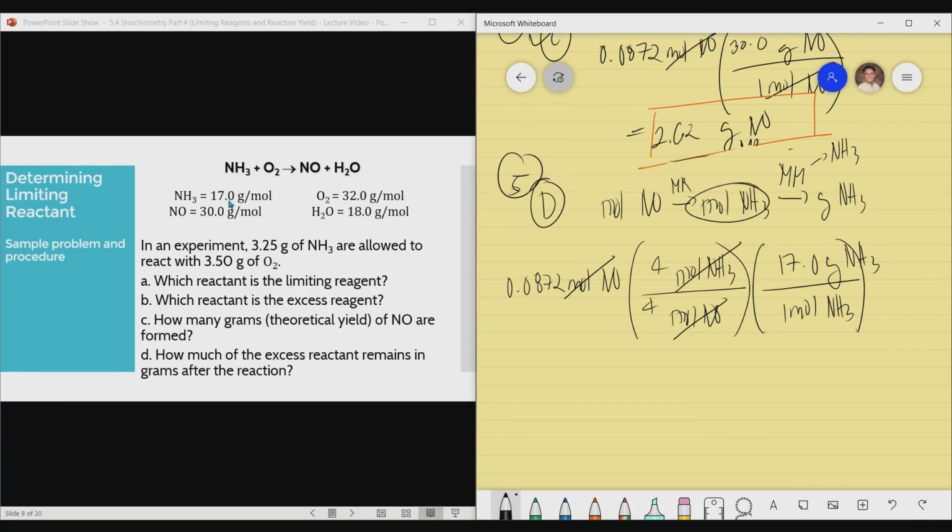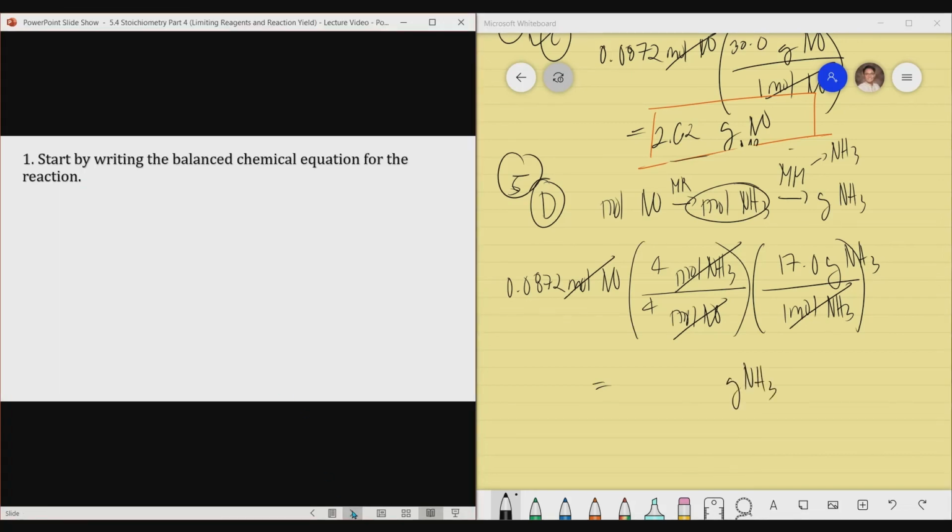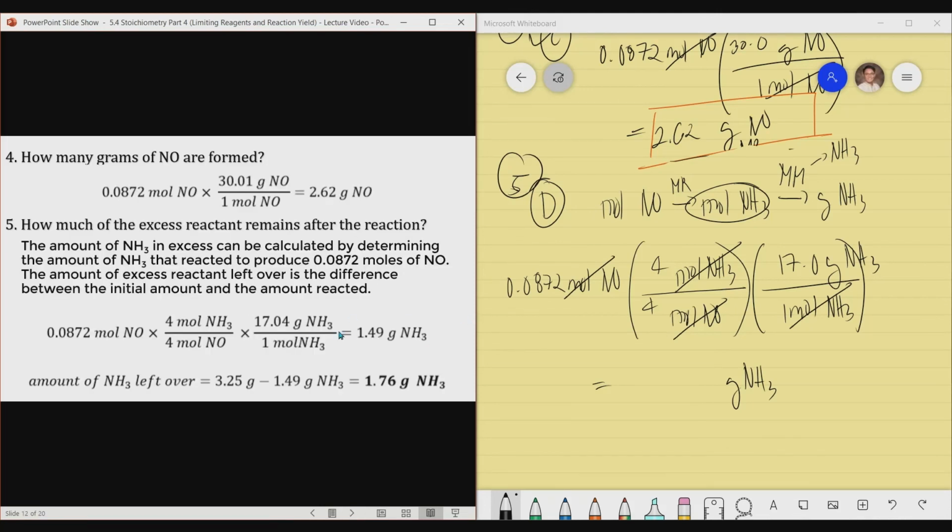So moles of NH3 will be cancelled. The remaining unit now is grams of NH3. Okay? So input that one in the calculator. So let me just check. So we have the same solution. 4 all over 4 multiplied by 17.04 all over 1. We have 1.49. Okay?